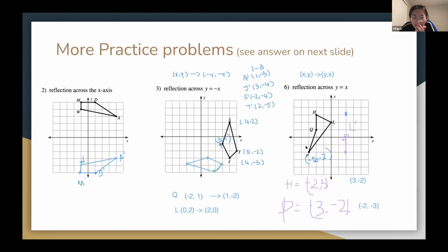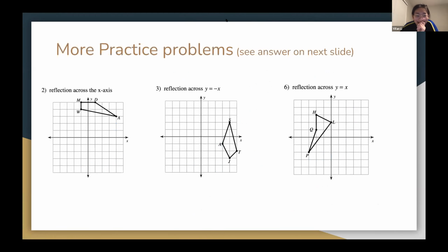And then here is P prime, and then H. Wait, no, it's not right. It's -2, -3. Oh, yeah, that's right. Never mind. Let's just clear this page and redraw everything.